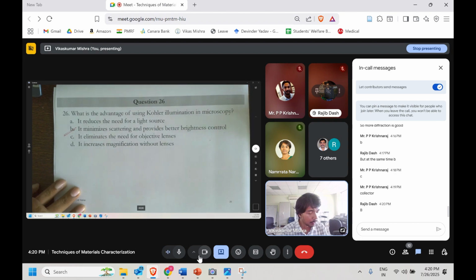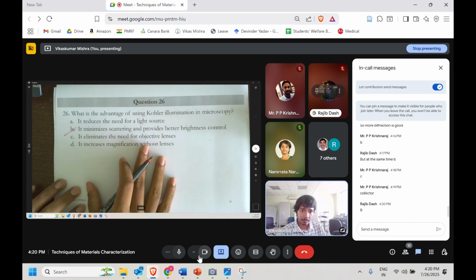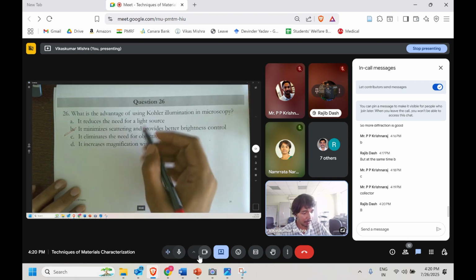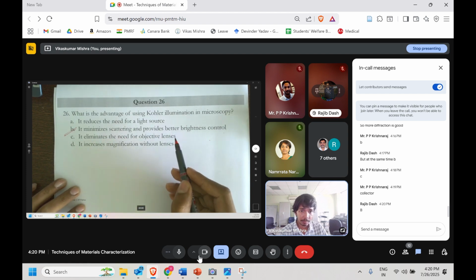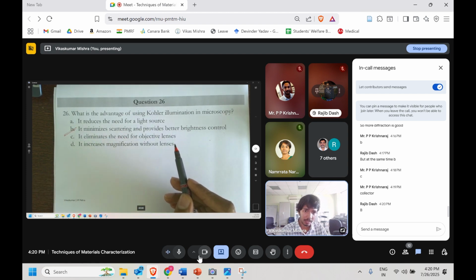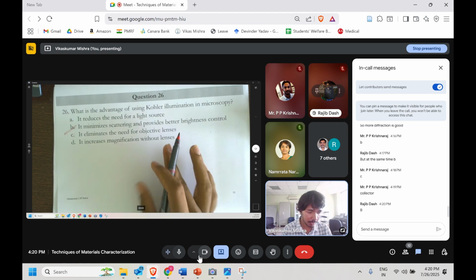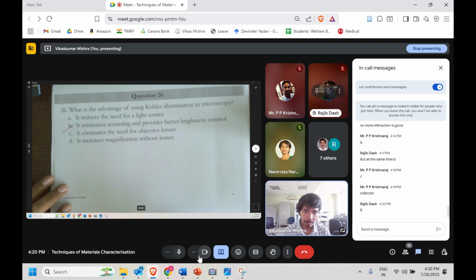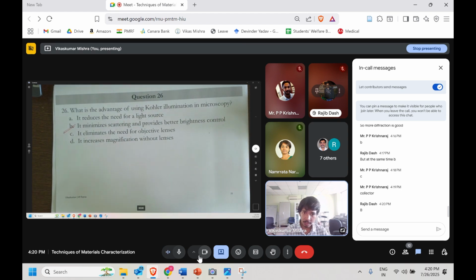Most microscopes, let me tell you, when we add this particular collector lens, the microscope cost will be very high. The present microscope which I showed you doesn't have the collector lens. It only consists of the condenser lens, then the objective lens, and then the eyepiece. So that was the thing.